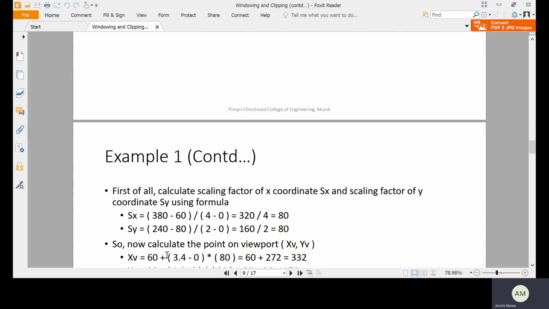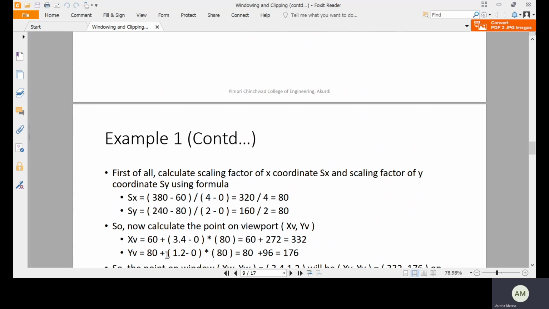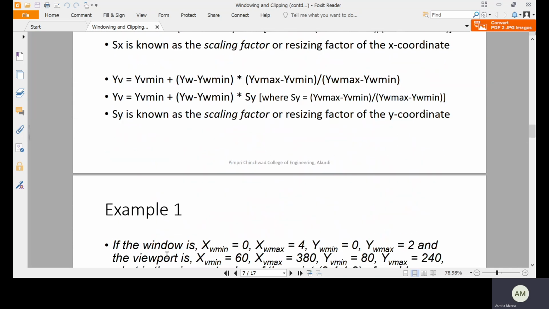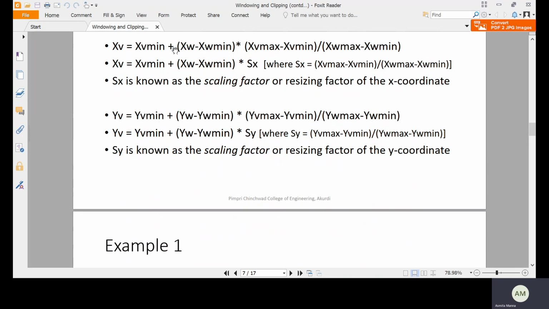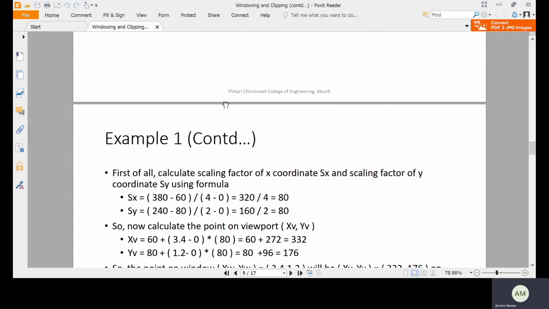So now we have to calculate the point on the viewport, that is xv, yv. xv equals, what is the formula? Let's go back. xv equals xv mean plus xw minus xw mean whole into Sx. So xv equals 60 plus 3.4 minus 0 into Sx, that is 80.